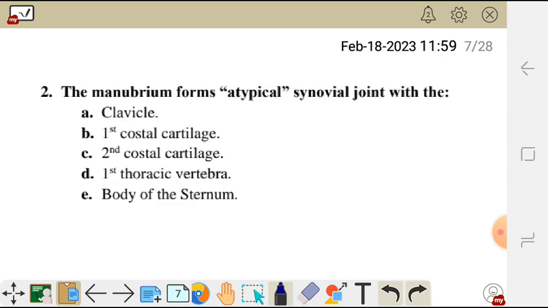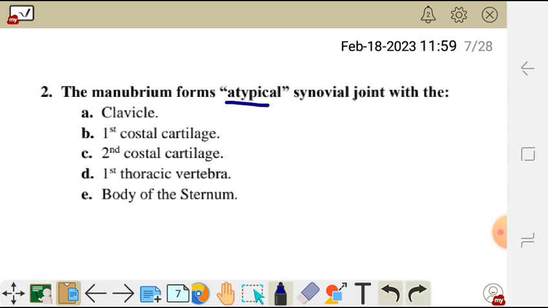Question 2, the manubrium forms a typical synovial joint with the A, clavicle, B, first costal cartilage, C, second costal cartilage, D, thoracic vertebrae, E, body of the sternum. So what is an atypical synovial joint?